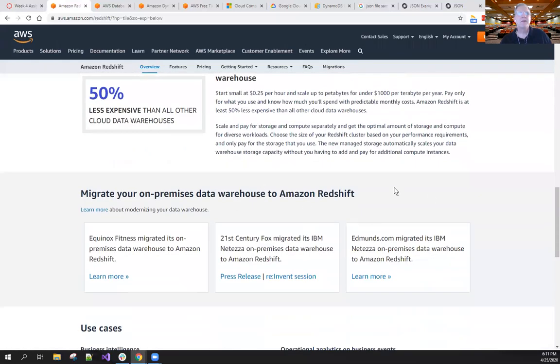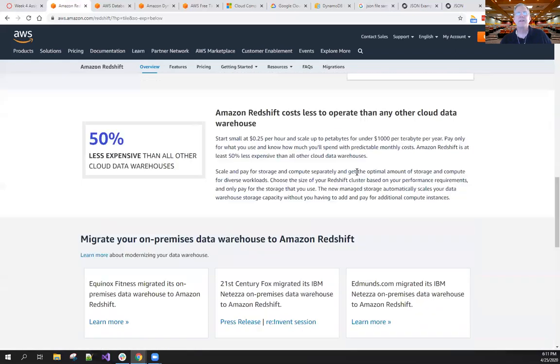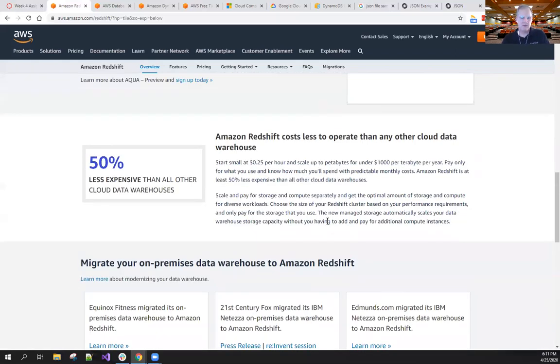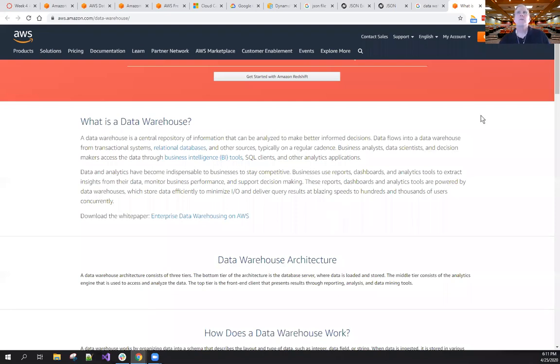So you might ask, what's a data warehouse? You probably have had a class on that before, so let me just remind you. It's a central repository of information that can be analyzed to make better informed decisions. Data flows into a data warehouse from transactional systems, and our app is going to be a transactional system.